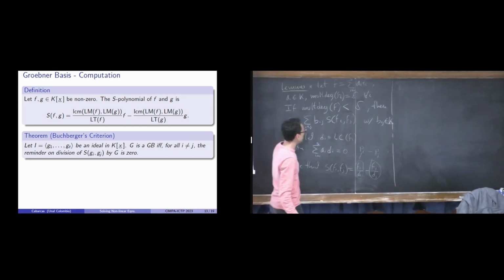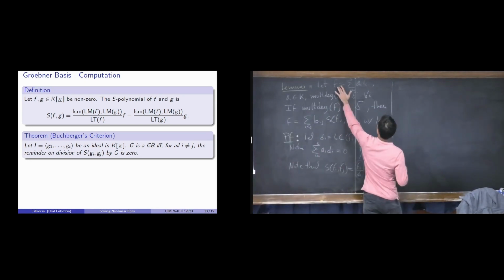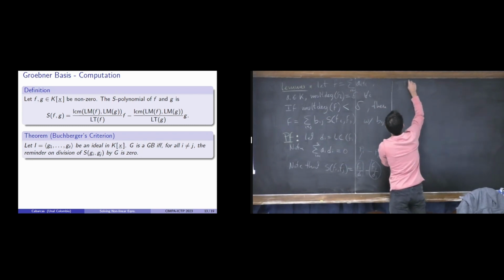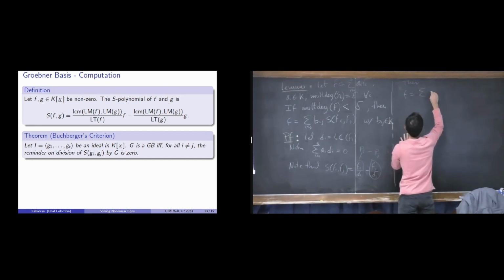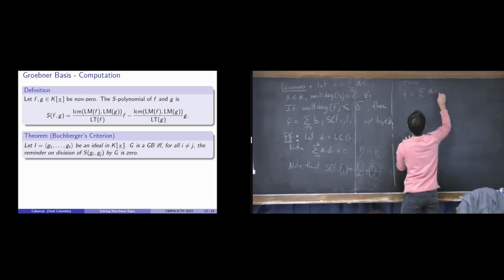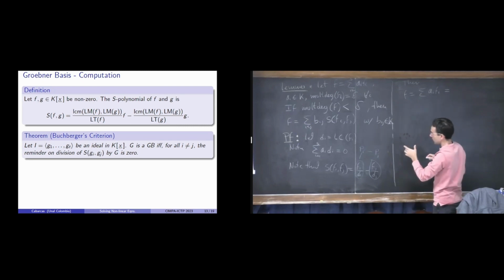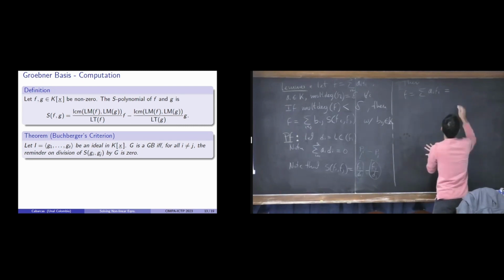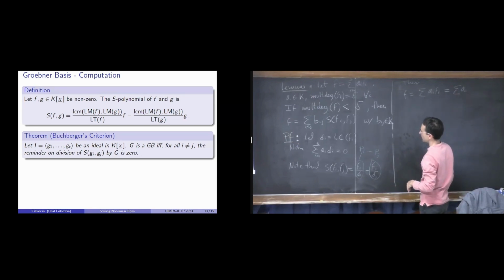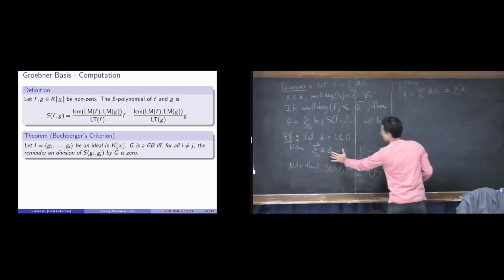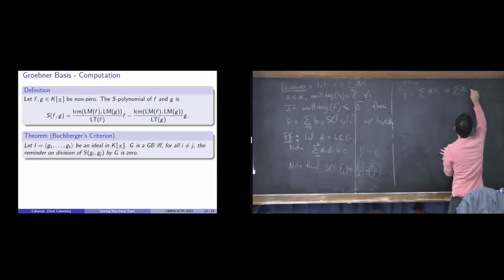And then now let's take the F. Let's rewrite it in terms of these. This is going to be the sum, and I want the d_i's to be out there. And then you get something like f_i over d_i.